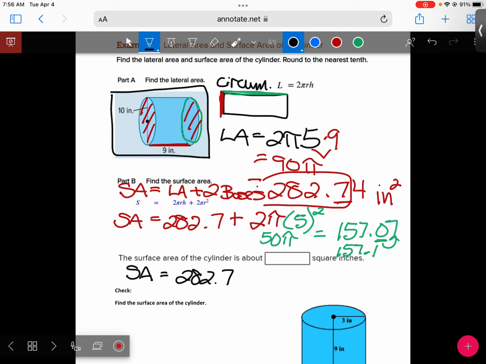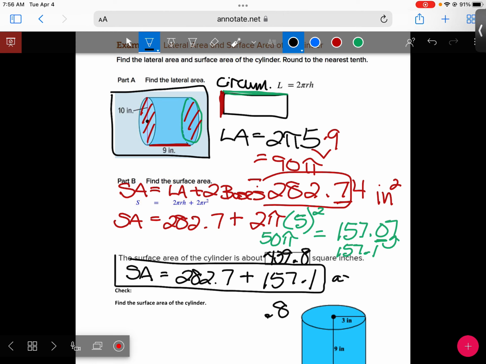That's the lateral area around the soup can, plus 157.1. Somebody please add those together. Looks like 439.8 square inches. So add these together. 439.8.